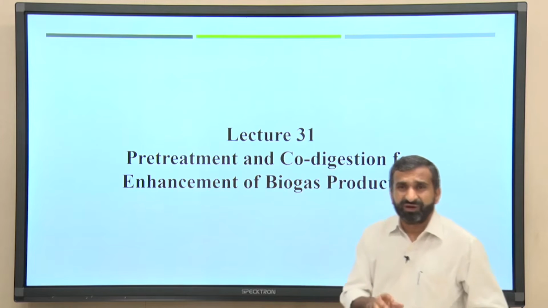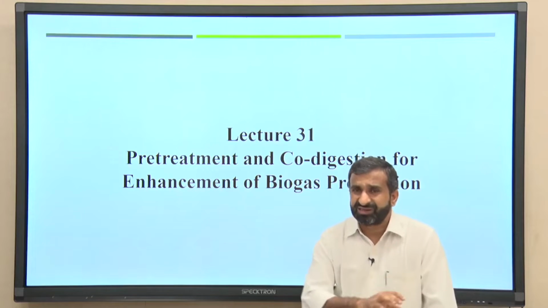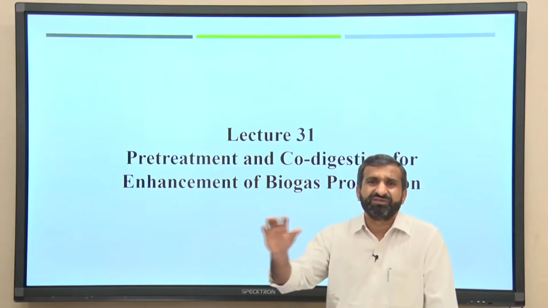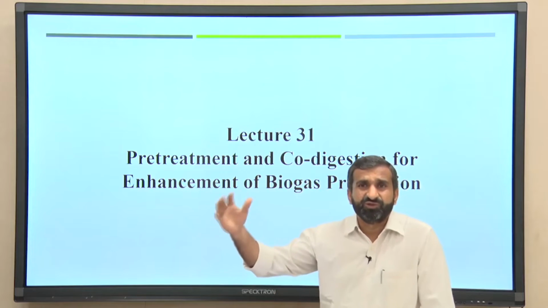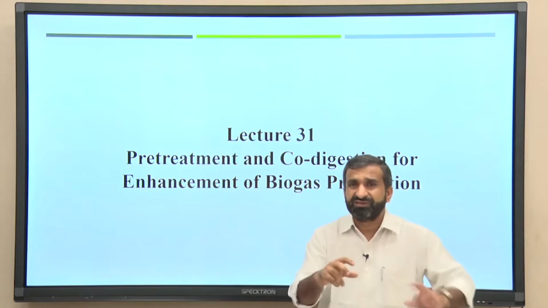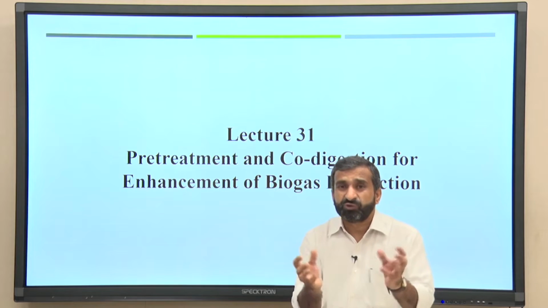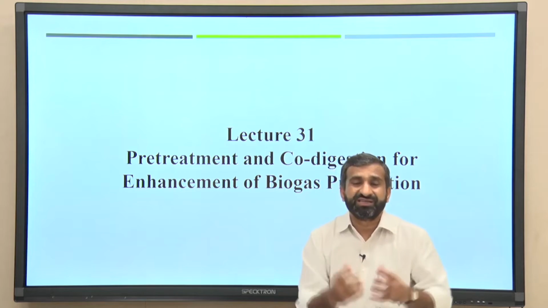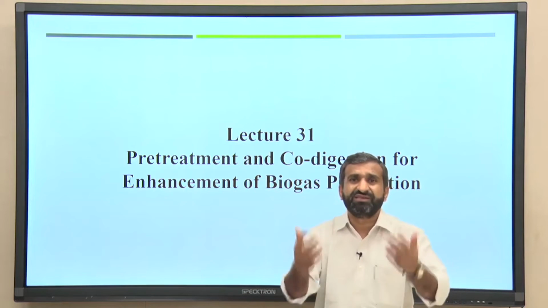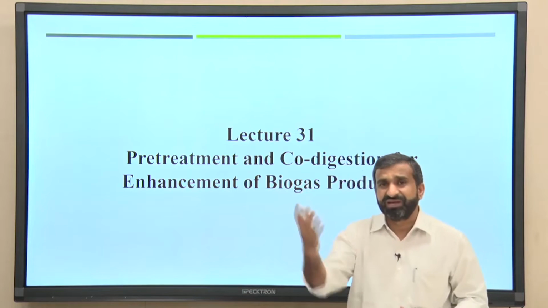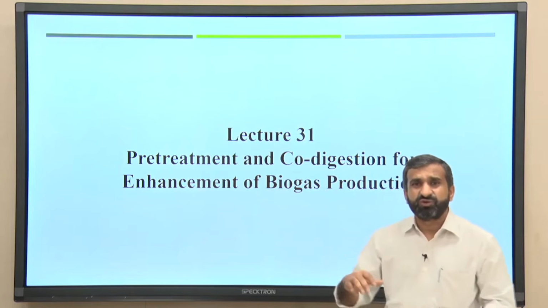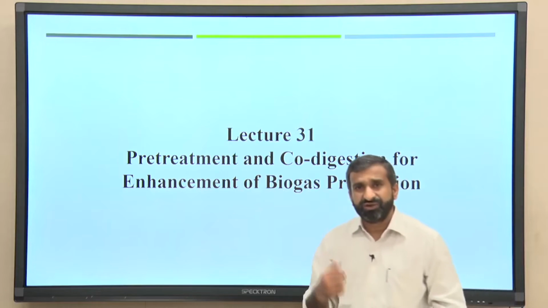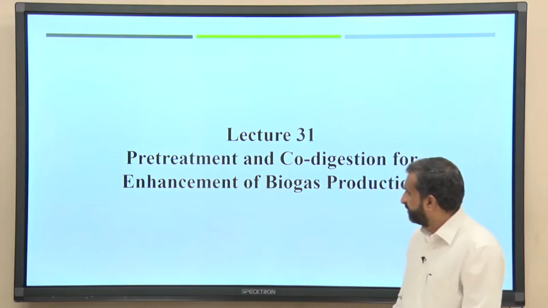In the last lecture I was talking about the different substrates that could be used for the anaerobic digestion process, but I did not talk about having 2 or 3 substrates together for digestion, and what the benefits for biogas production are from the co-digestion process. That we will discuss today.